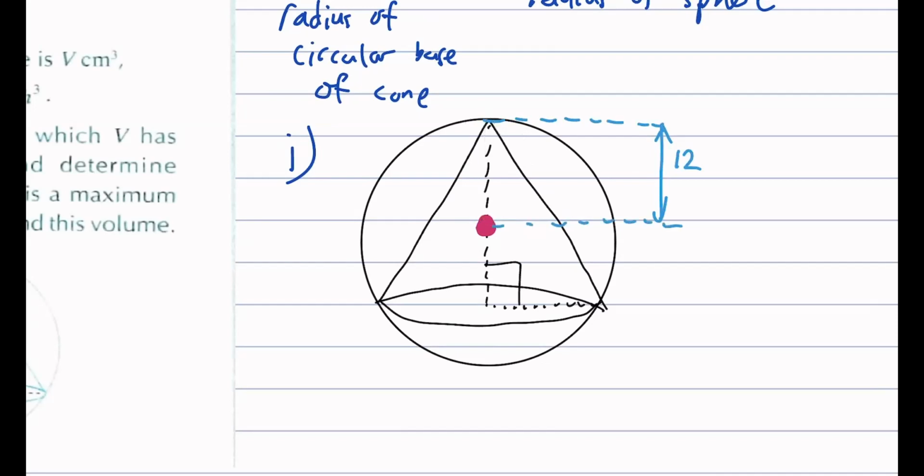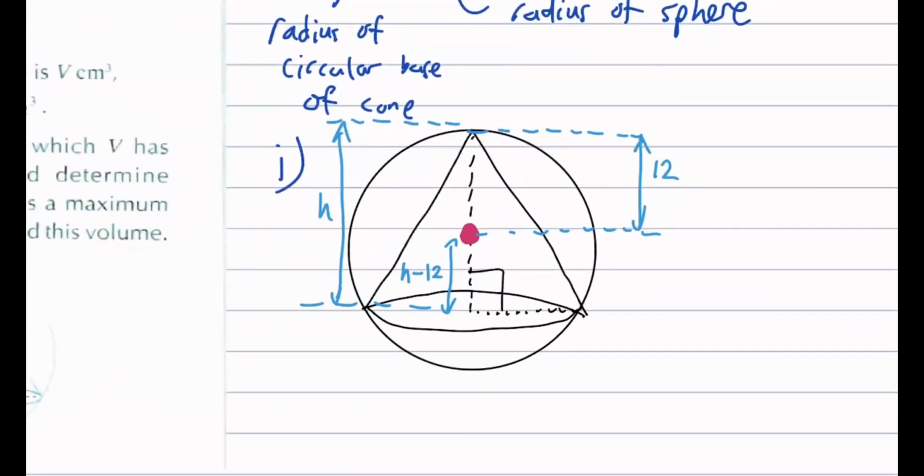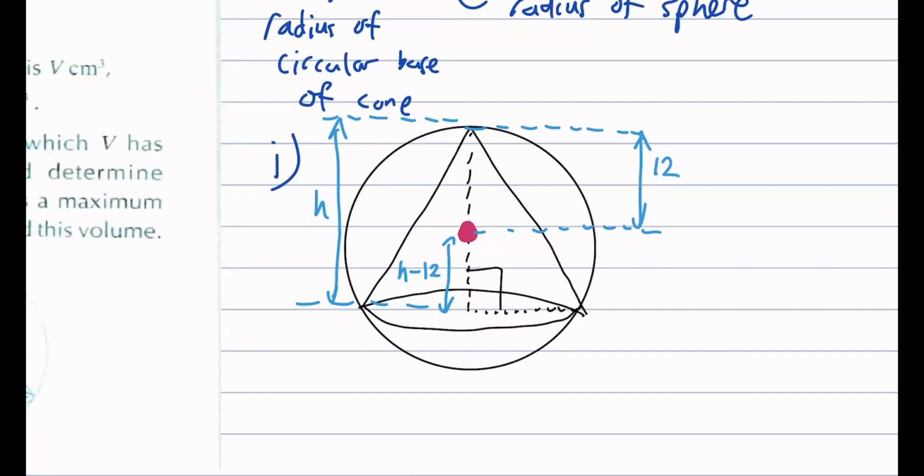Then the remaining part here must be what length? The whole thing is h, so this must be h minus 12. Very good. h minus 12. Then let's look at the diagram. This part here is r, right?